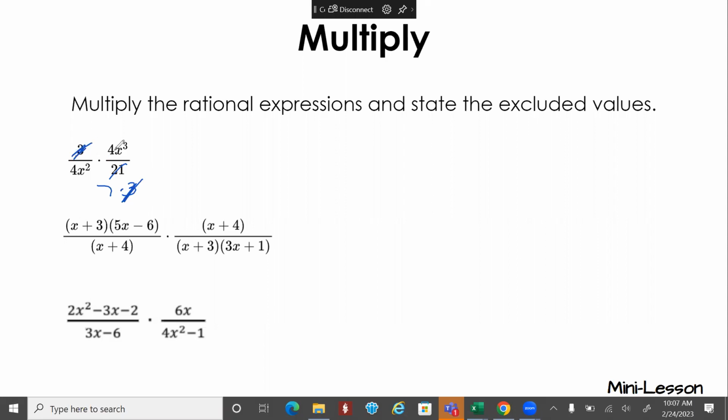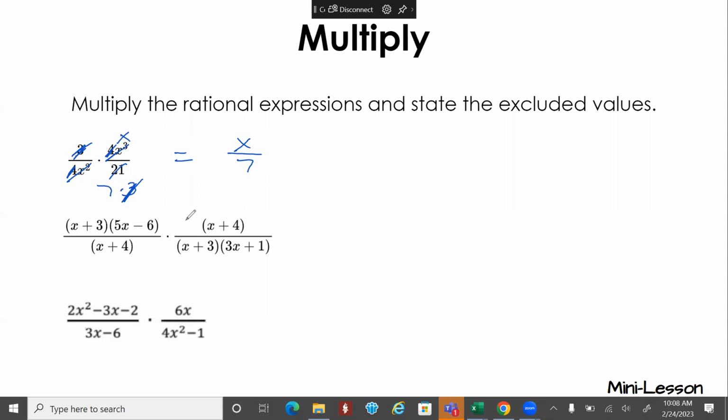Over here, we got a 4x squared and then a 4x to the third. So you can take out a 4x squared, right? So these 4's cancel, and then you can take out the x squared, and you're left over with an x. So what is left? Oh, x over 7.